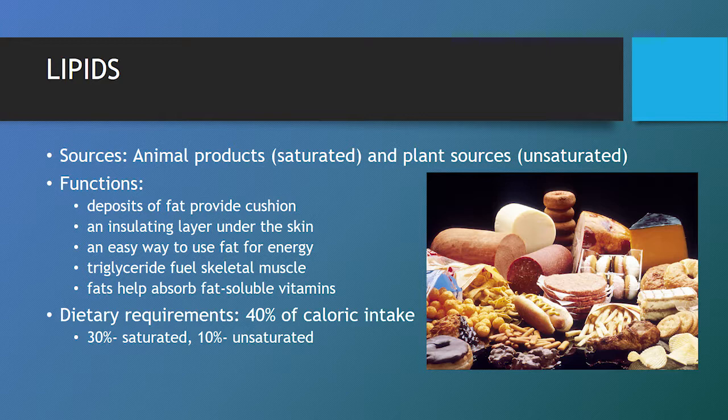Then the triglycerides fuel skeletal muscles, and fats help absorb fat-soluble vitamins. The dietary requirement for lipids should be around 40% of the total caloric intake, where 30% is saturated and 10% is unsaturated.